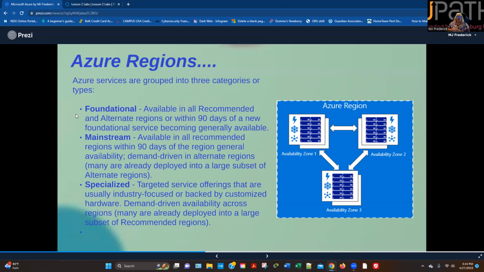Again, demand driven across the different regions, and many are already deployed into a large subset of what's called the recommended regions. So you see here with mainstream, we're using alternate regions for demand driven, but for specialized, we're going with the recommended regions. So you have to pay very close attention to this as far as foundational, mainstream, and specialized.